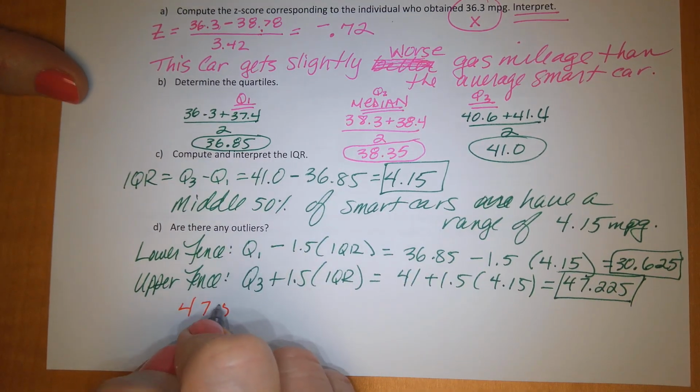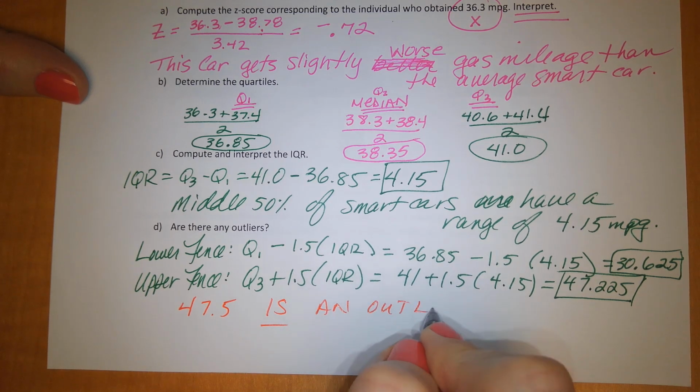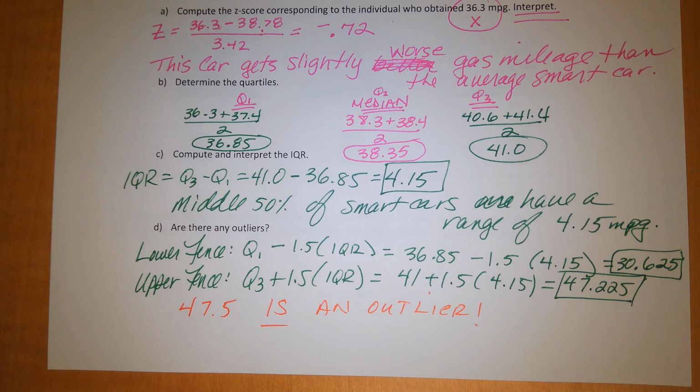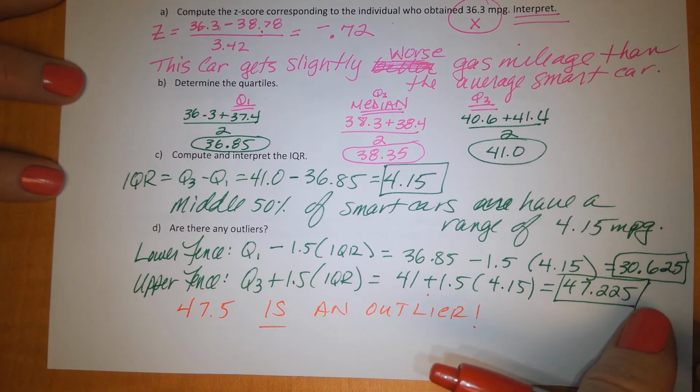So 47.5 is an outlier. An outlier is determined to be a value that lies far away from the mean.